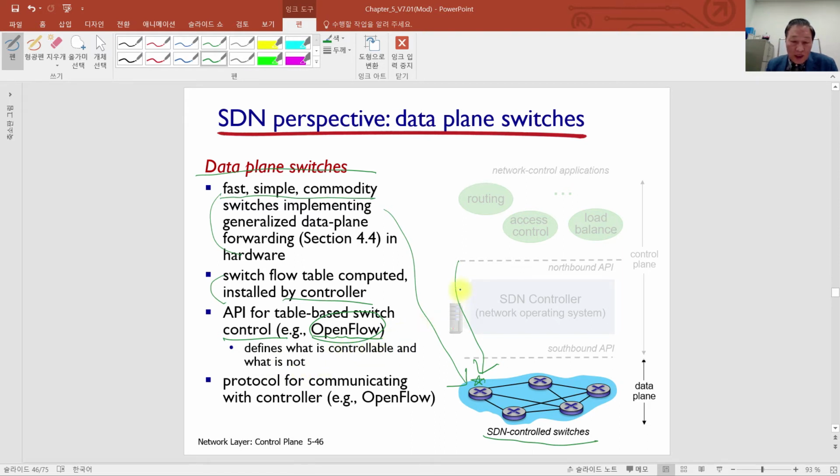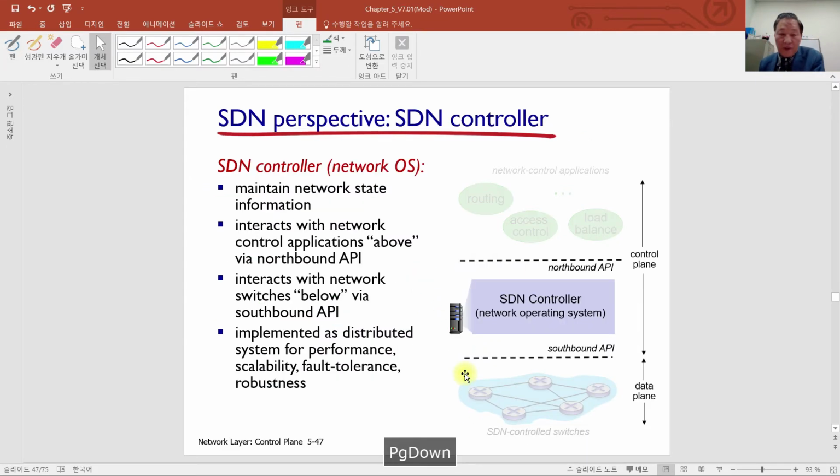We are also using the OpenFlow protocol, the standardized protocol used for communication between the controller and the switches. That will be explained a little more in the next slides.